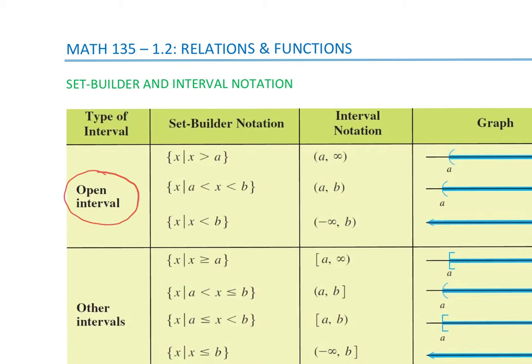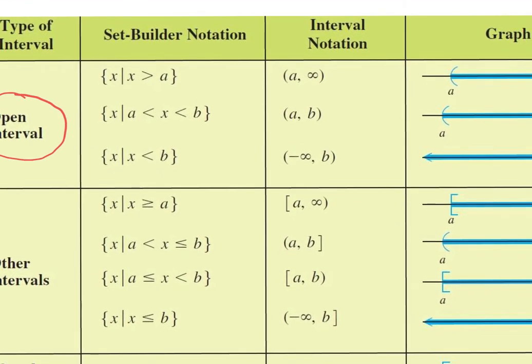An open interval in set builder notation using inequality symbols will look something like these first three examples. Remember, in set builder notation, we have our set braces, and then we're saying, okay, this is a set of all x.